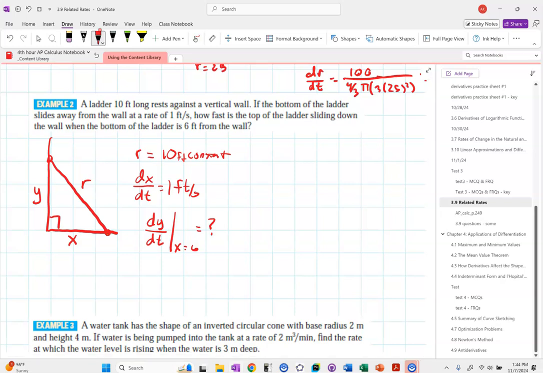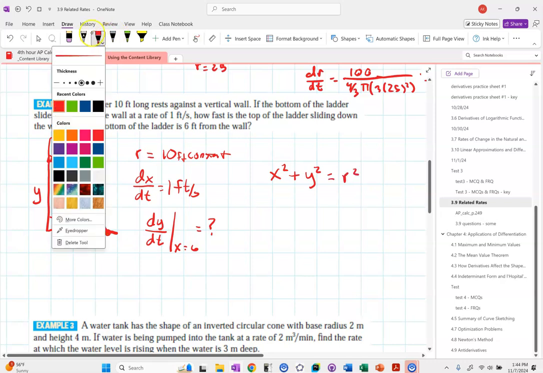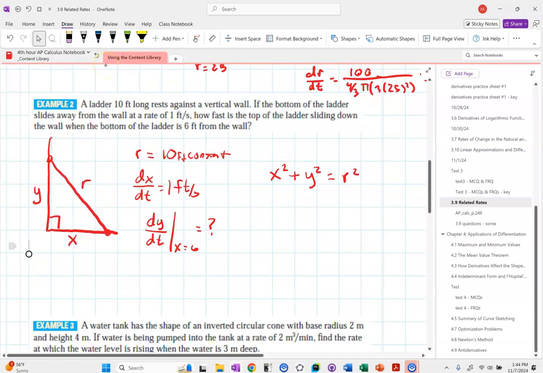Okay. What equation is going to relate x, y, and r? The Pythagorean theorem. Everybody feel good so far? We'll do the derivative with respect to time of both sides.